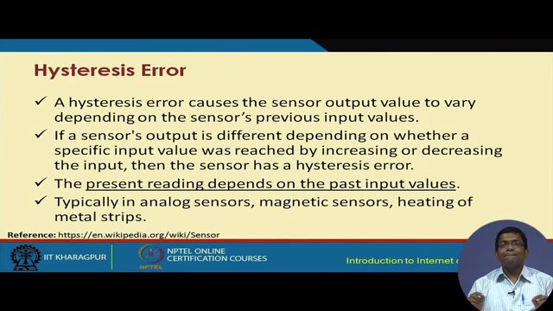Maybe because it uses some metal strips, and the functionality of that sensor is such that when you hit it, the metal strip is going to bend. If it has bent once, to come back to its original position, it will take some time. So, this type of error talks about how, if it is hit once, you will get something, and if you hit it once again, your output is going to be dependent on the previous value. This is known as the hysteresis error.